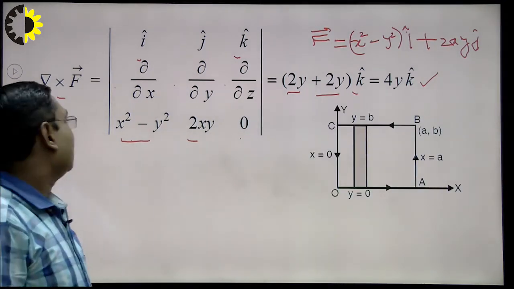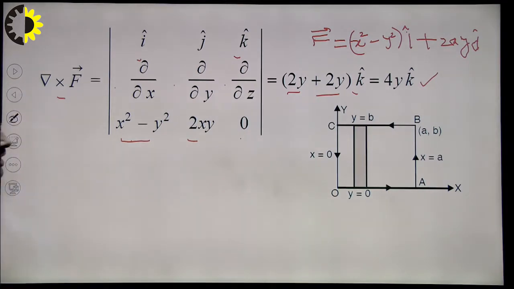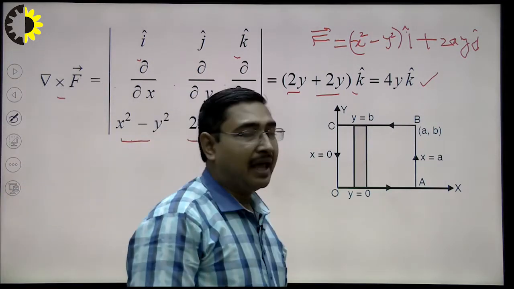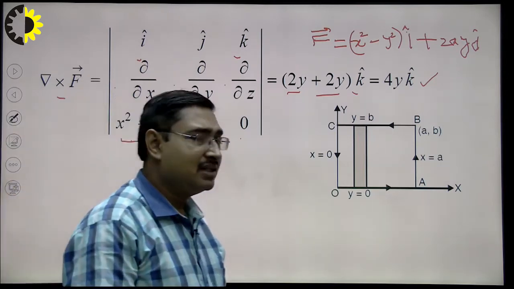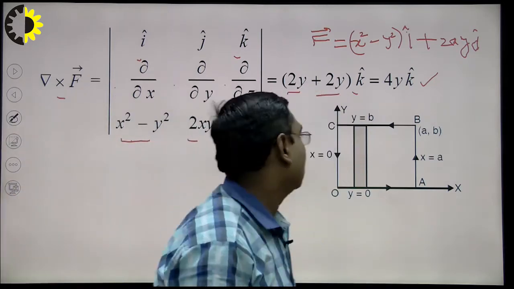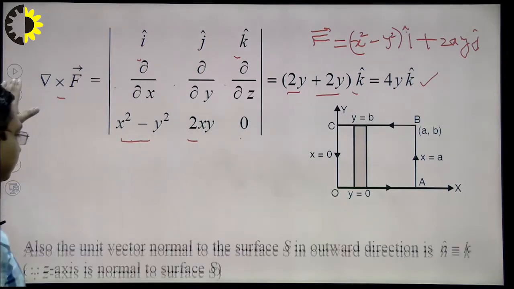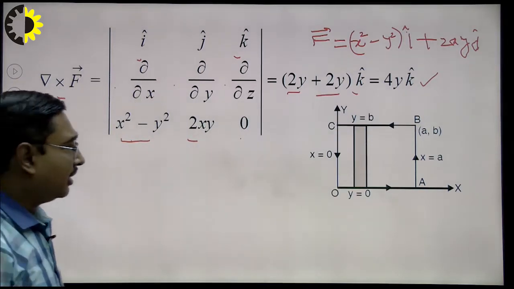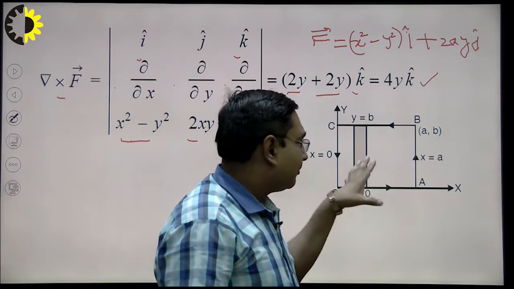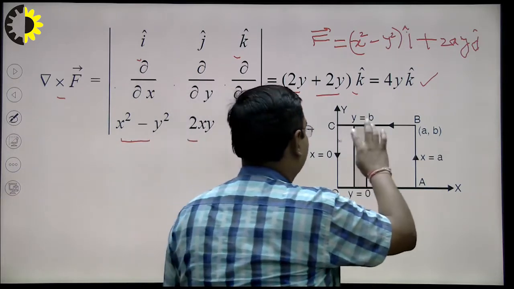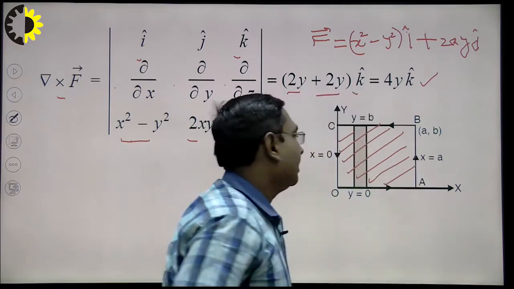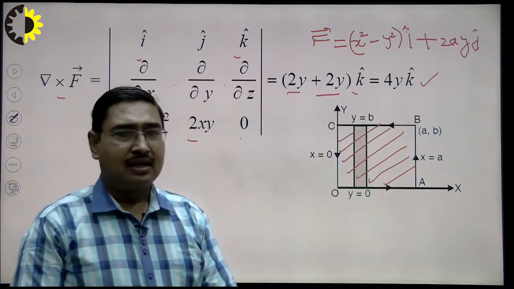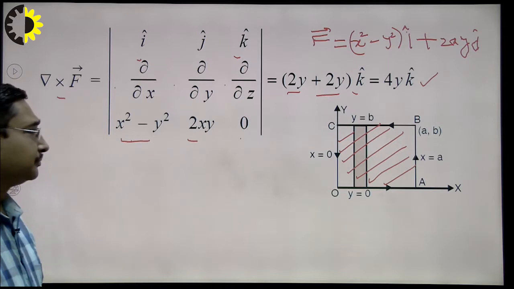Now, to evaluate the surface integral, I need to calculate n cap. As we have already discussed, n cap is the normal vector to the given surface. Here, the surface is the flat surface of this rectangle. This rectangle lies completely in the xy plane.